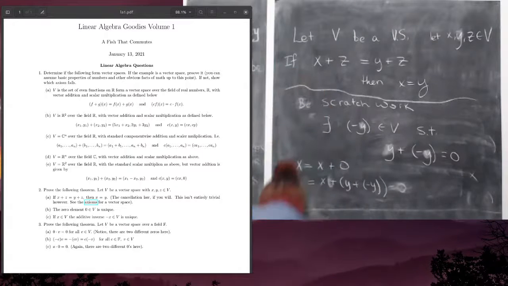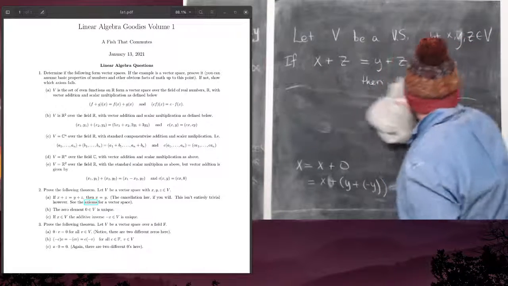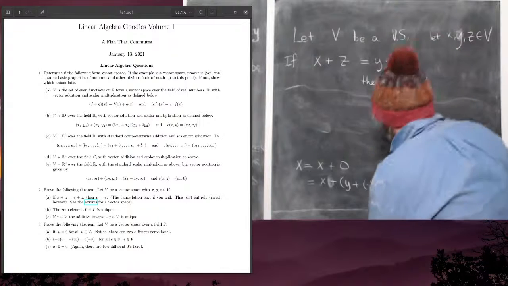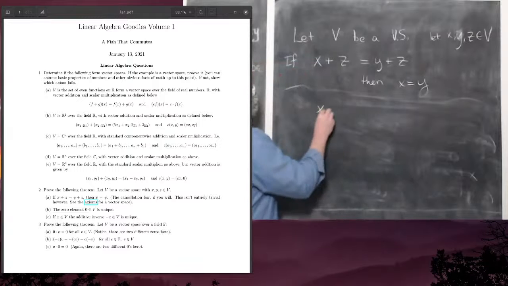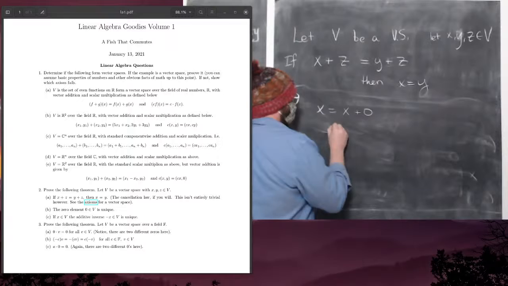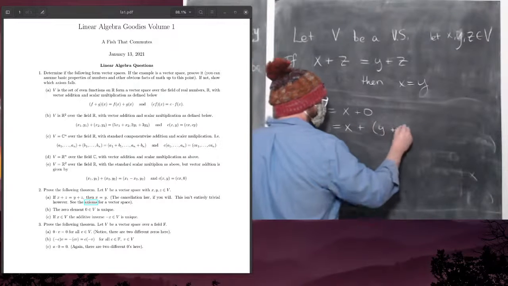And now, let's reassociate. I need some more room here. Let me just rewrite the whole thing. It's all coming back to me when I add 0 like this. And then I substitute y plus y inverse.